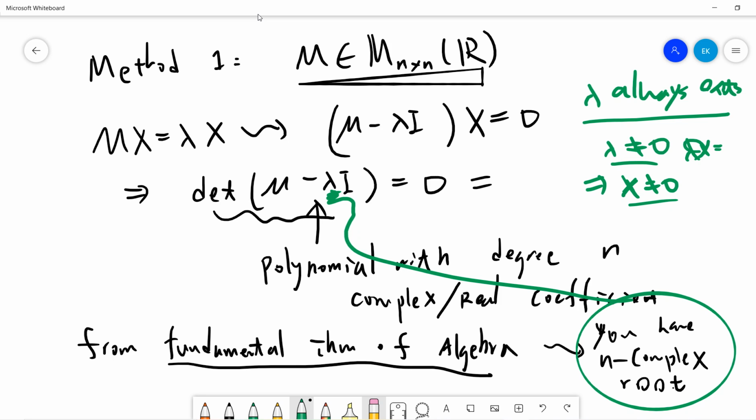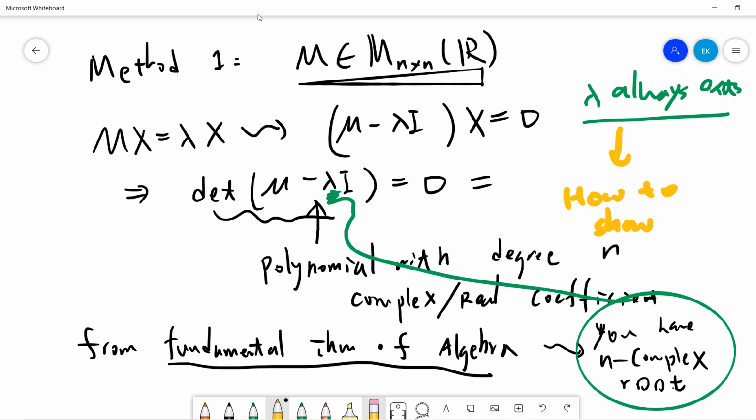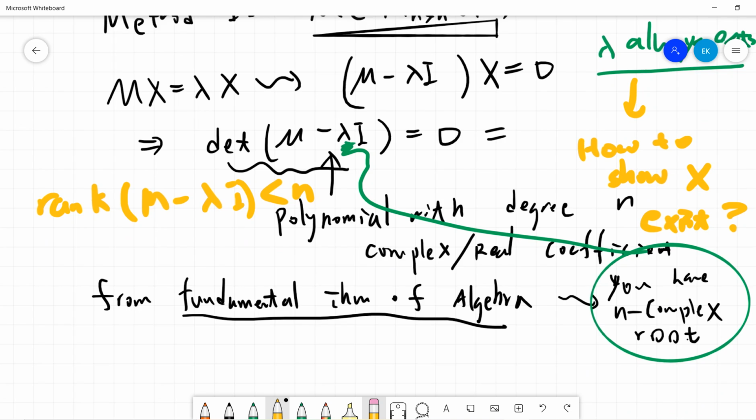The difficult part is that you only proved that lambda exists, but there is no guarantee, and it is not easy to see, how to show that x exists. The idea is that once you pick some particular lambda, the rank of M minus lambda I will be less than n.